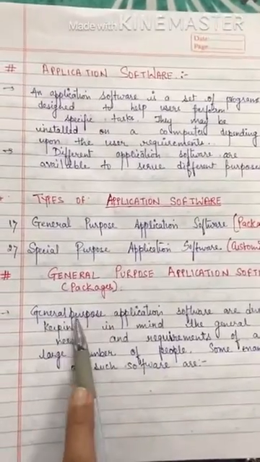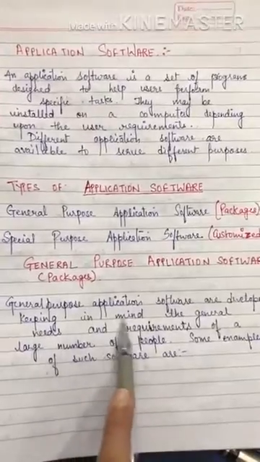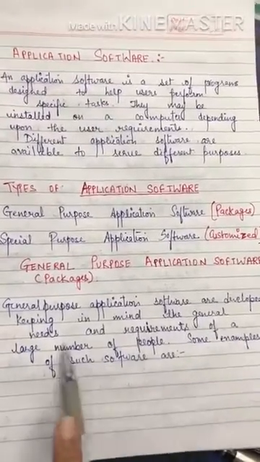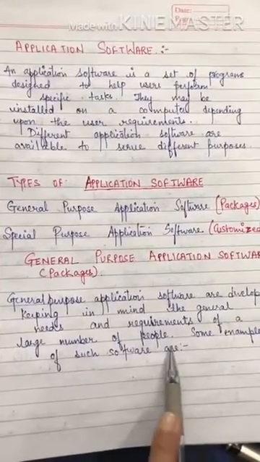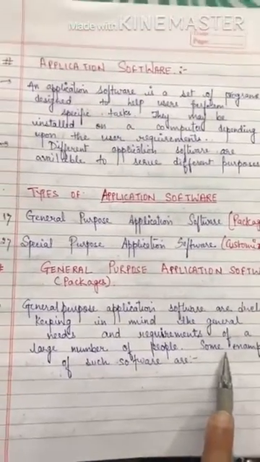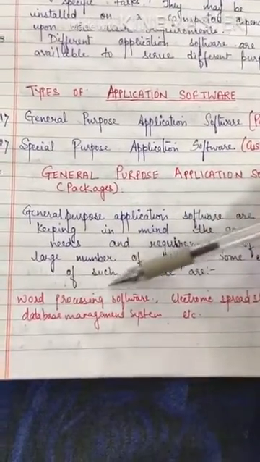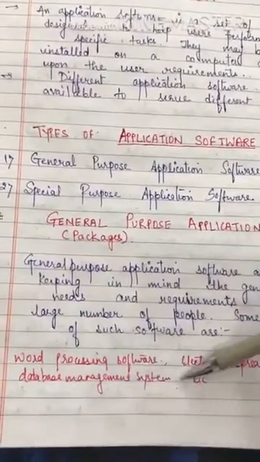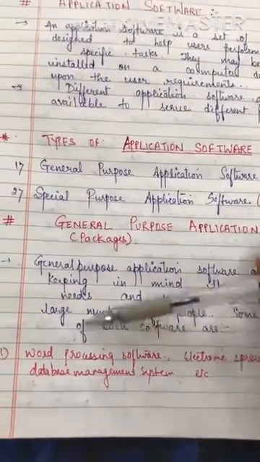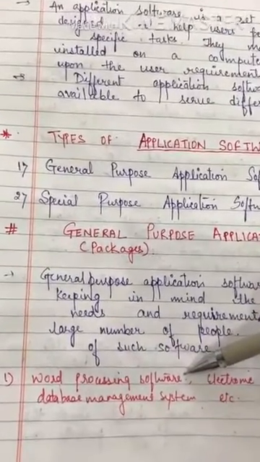General purpose application software are developed keeping in mind the general needs and requirements of a large number of people. Here are some examples: word processing software, electronic spreadsheets, database management system, etc.